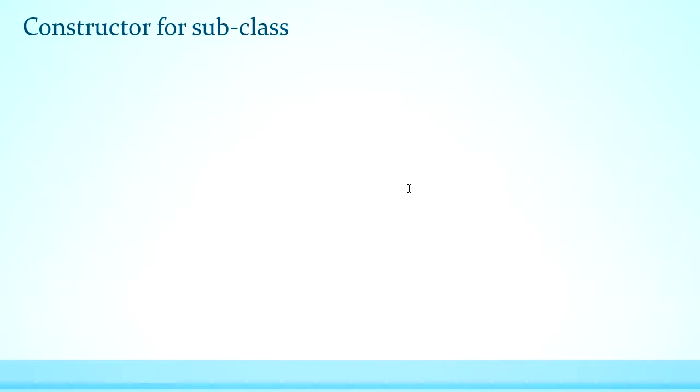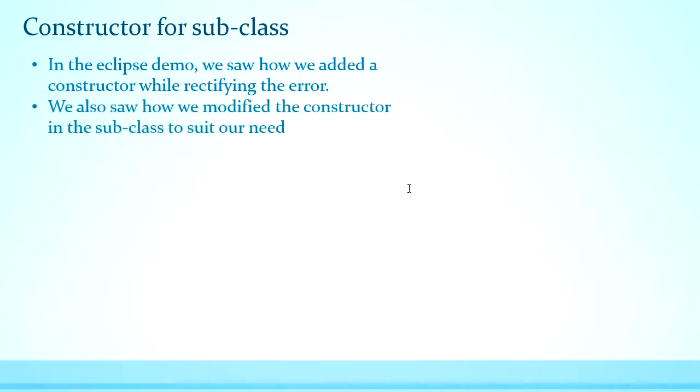Now we will talk about the subclass constructor which we already created. In the Eclipse demo, we saw how we added a constructor while rectifying the error. We also saw how we modified the constructor in the subclass to suit our need, because the constructor provided by Eclipse does not have additional parameters for the subclass.